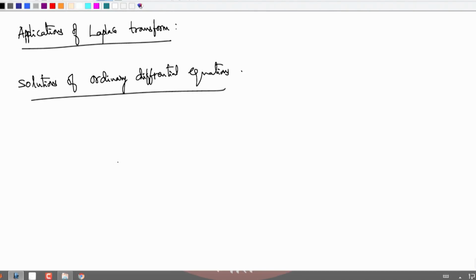So, we look into some linear first order ordinary differential equation. Let us solve an example. How do we solve this first order ODE?